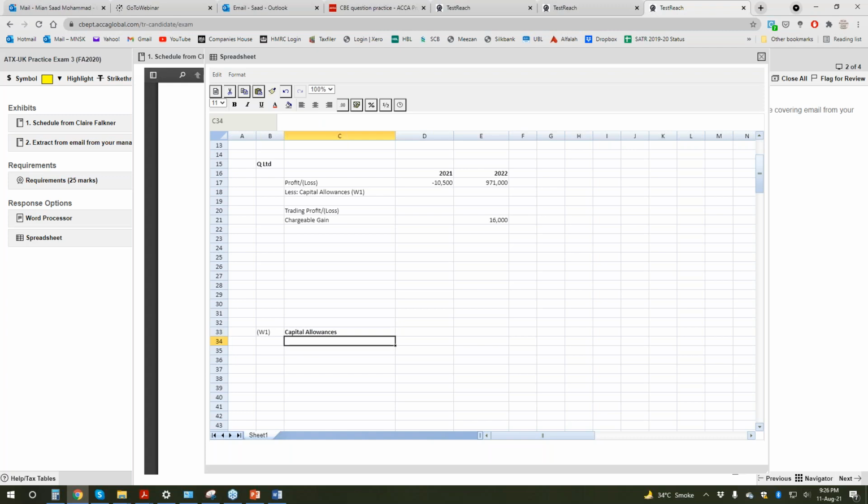Now, we have to make the main pool. There'll be SRP, which stands for special rate pool, and then the final column will be for allowances.